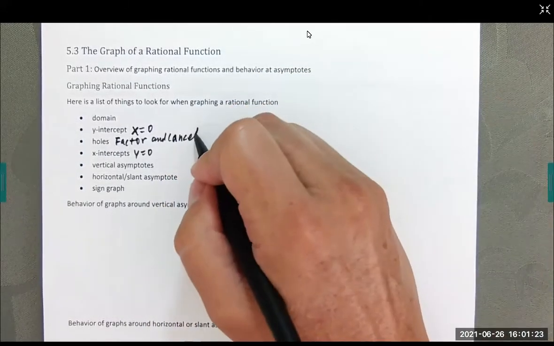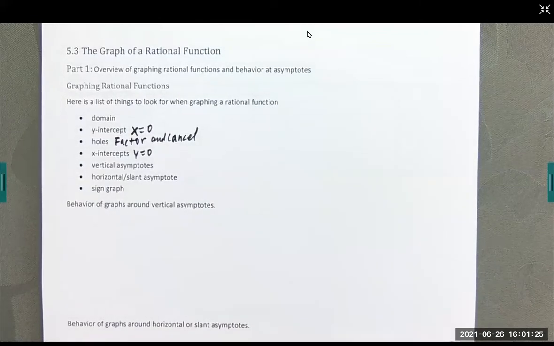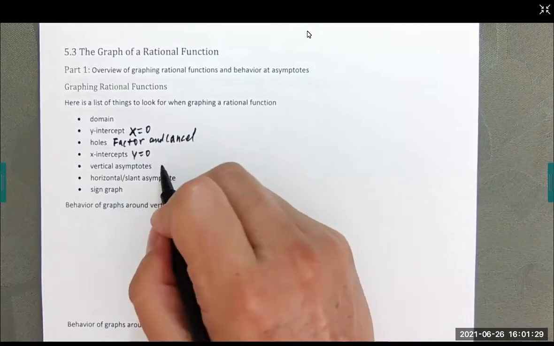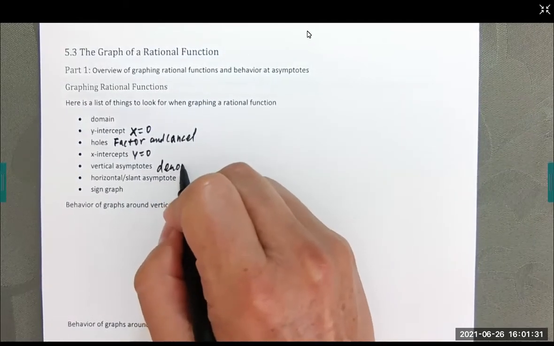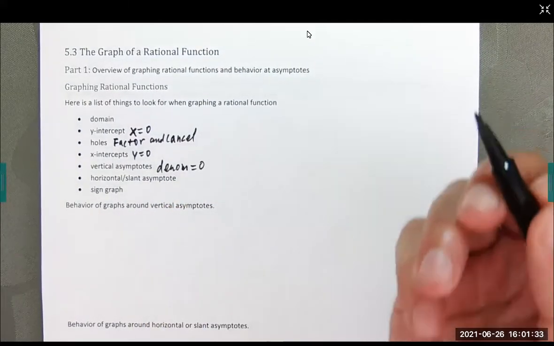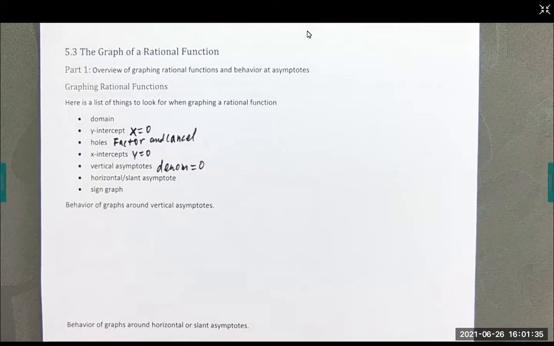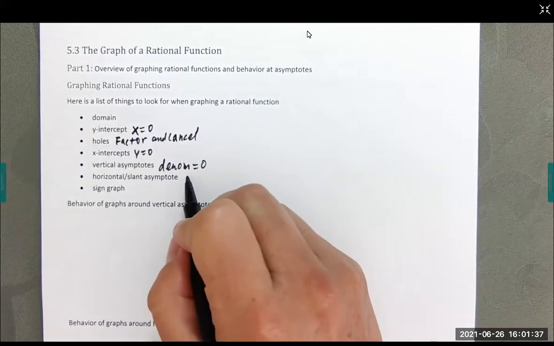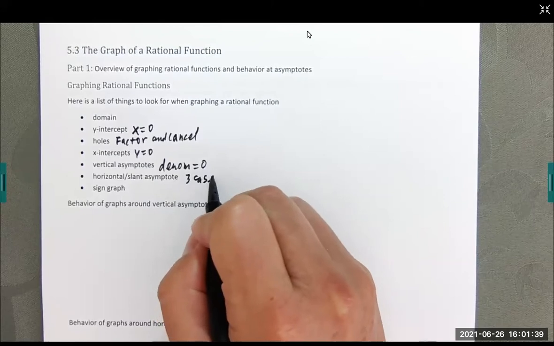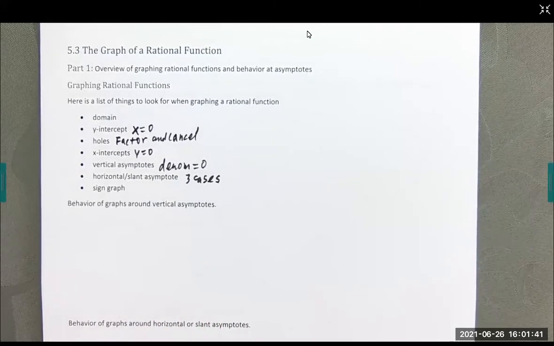If something does cancel, then there's a hole there. Vertical asymptote, again, this is where we let the denominator equal 0. And this is those three cases, meaning the degree of the numerator versus the degree of the denominator. I'll review those as we move forward.